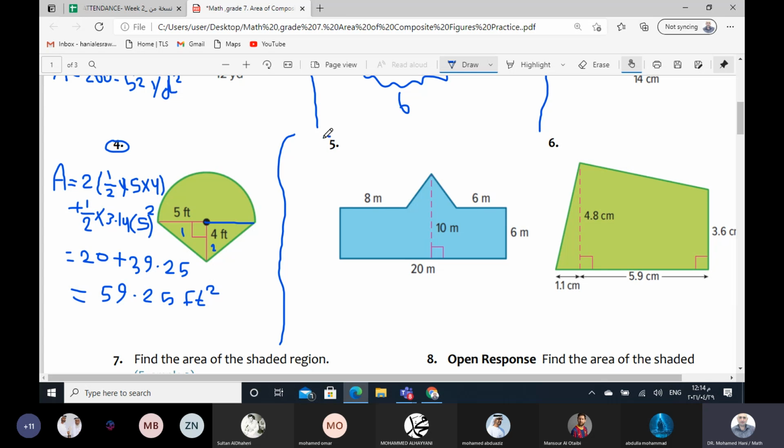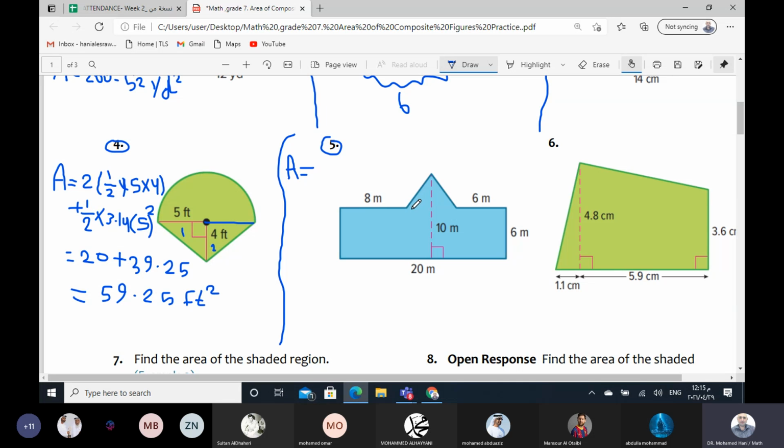Right. Exercise number 5. Who can tell me what I do to find the area of the composite figure here? Right.